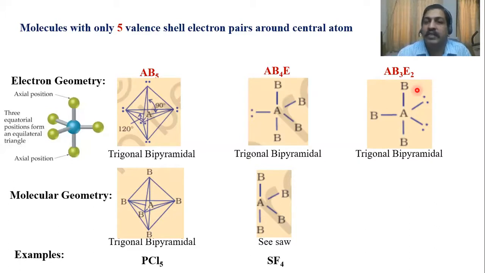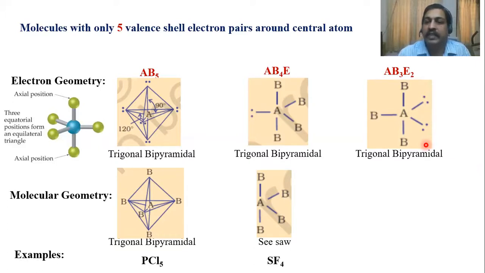The bond electron pairs will occupy the remaining positions. So this is the electron geometry of AB3E2 type molecule. If we consider only the arrangement of atoms in the molecule, we arrive at the molecular geometry.